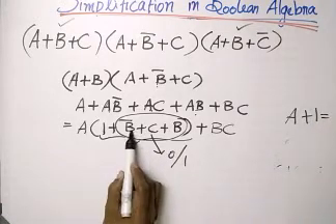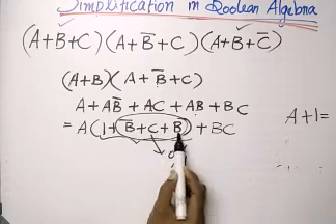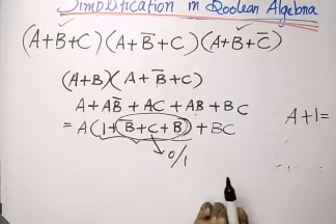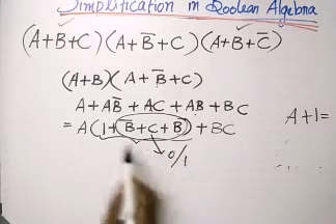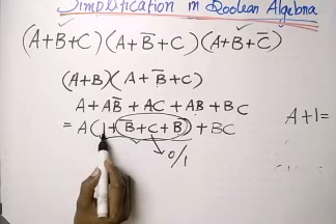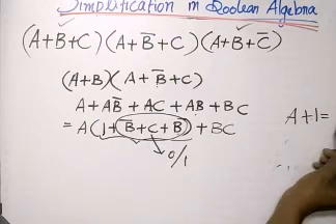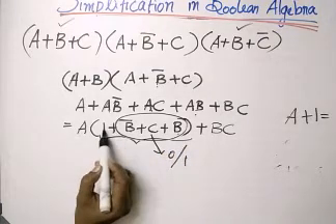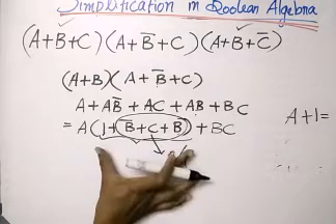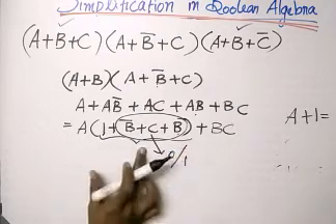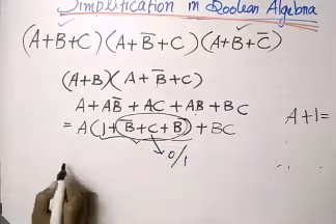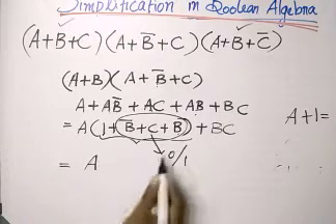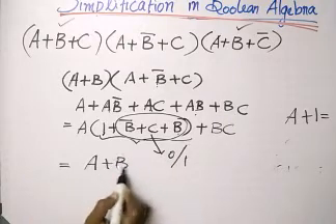So B bar or C or B may or may not be equal to 1, but we are ORing it with 1. So this term will be equal to 1. Then A into 1 is equal to A. Then the final expression will be A or BC.